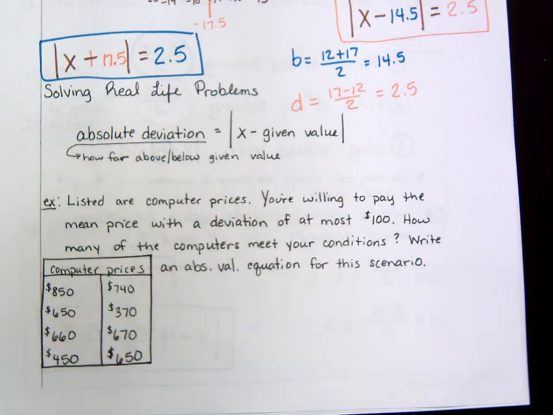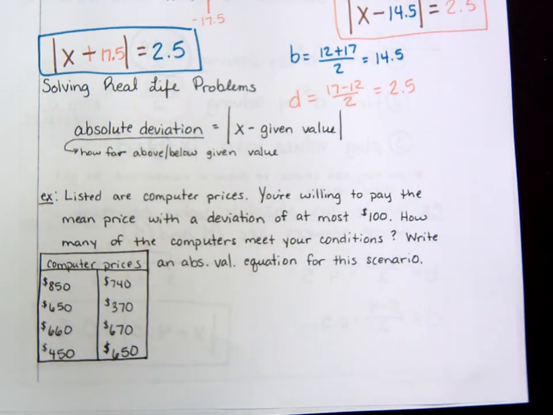This is kind of a format for a real life problem where you have to have an absolute value equation. And they're really useful when you are looking at deviations. So when I say deviations, absolute value deviations, how far above or below a given value.